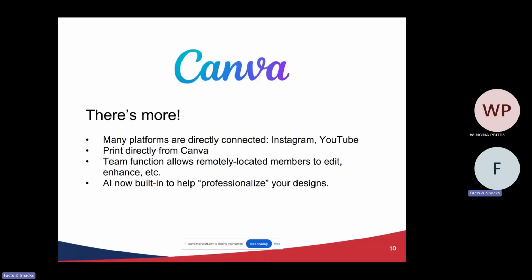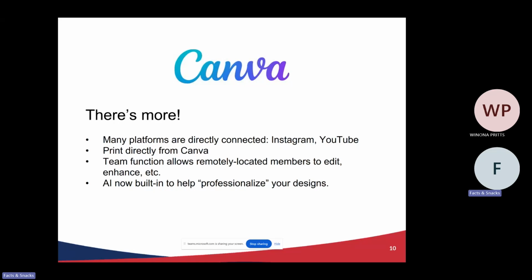Now you can do that directly in Canva, but I would encourage you to still price shop, comparing pricing to local printers or promotional item providers to make sure that the price you're going to pay through Canva is competitive, because you can still download whatever and present it to your printer. There's a team function.